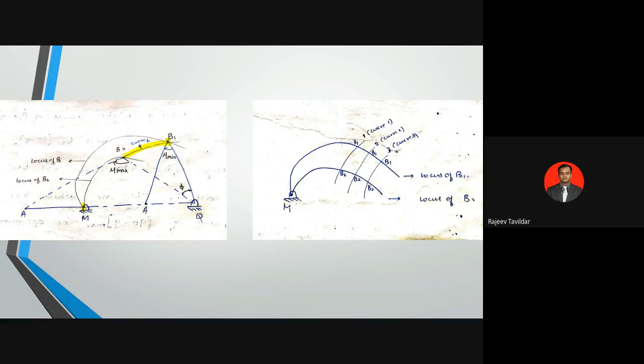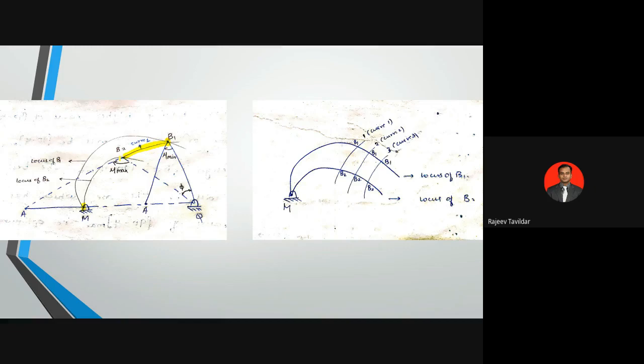That is from mu min to mu max. So I got to know the nature of this particular curve. Yes, this is only happening for mu min and mu max.